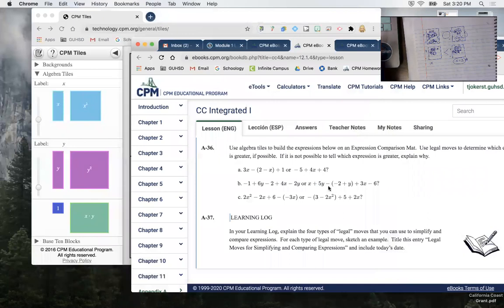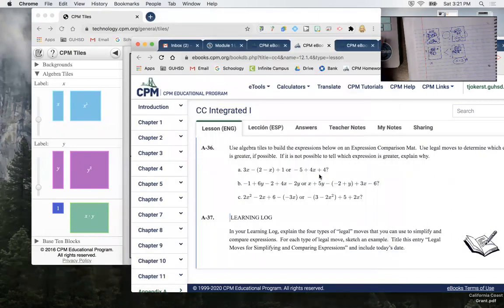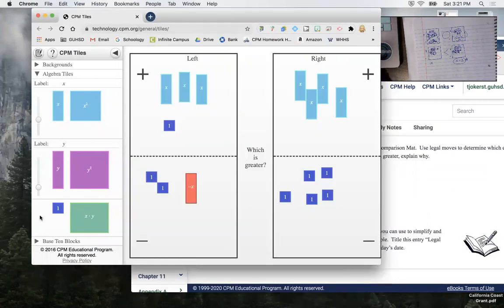And then I have on here a plus 4x. I'm gonna put that on the plus side. So I'm gonna put 4 x's up here. 1, 2, 3, and 4. Okay, 4 x's up there. And now I have plus 4. So I'm going to choose to put plus 4 up here. 1, 2, 3, 4. Since I have all of them apart, I'm going to make that one go apart.